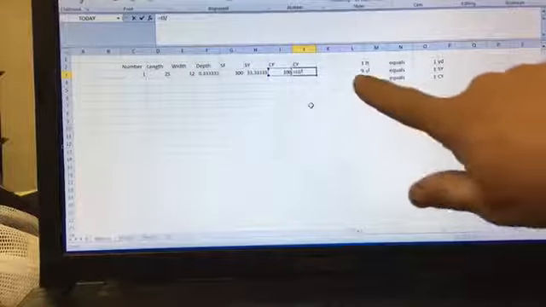I just want to catch that by the number there. All right, and then cubic yards is your cubic feet divided by 27 cubic feet.